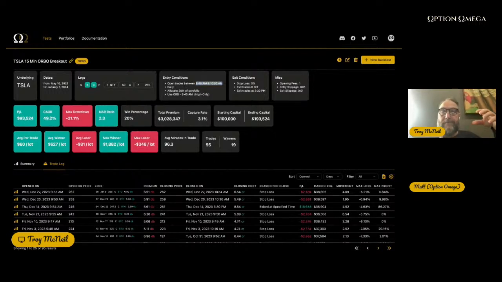Any time after 9:45, if we have broken out of that range, we're going to buy a call, but only up until 10 a.m. So this is a 15-minute window of time that we're looking for. The stop loss is 5%. We're going to get out by 3:30, and that's it.